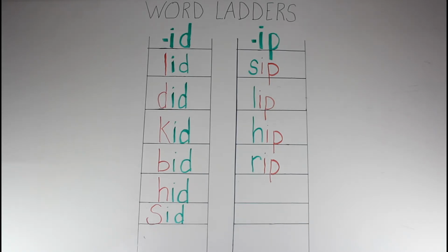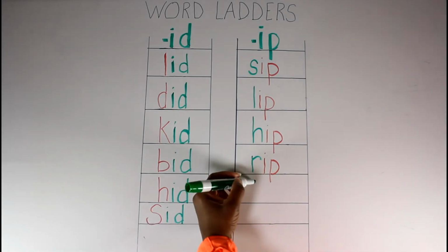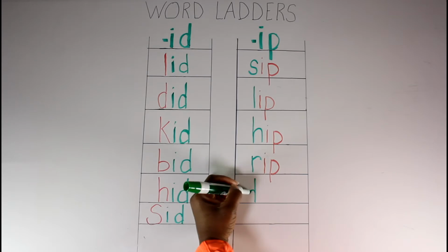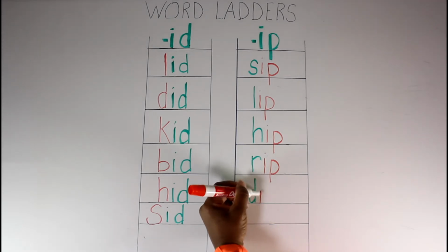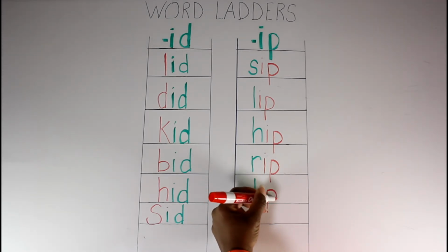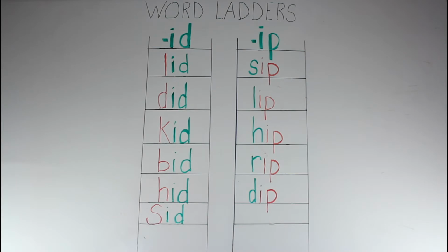Our next one. Put this here. And who can tell me what letter that is? If you said D, that would be correct. And D makes the sound d. And we put IP right here. We get dip.